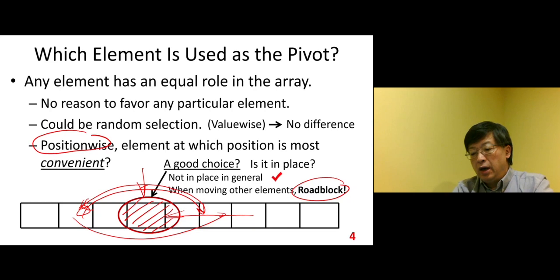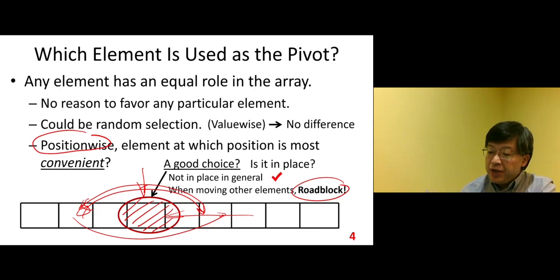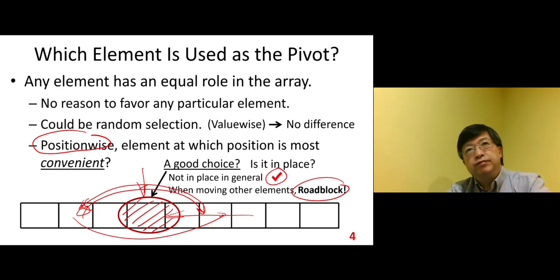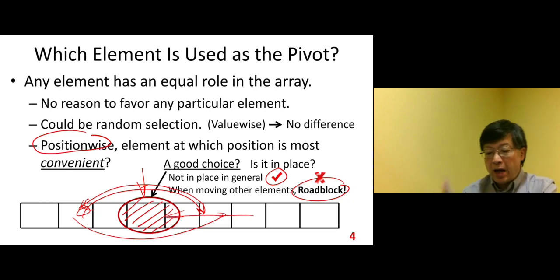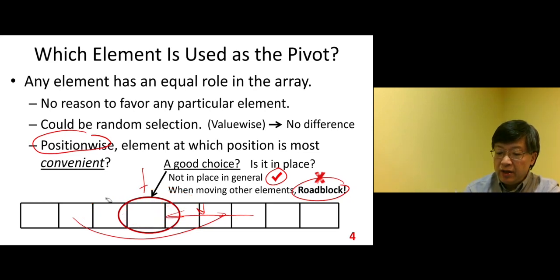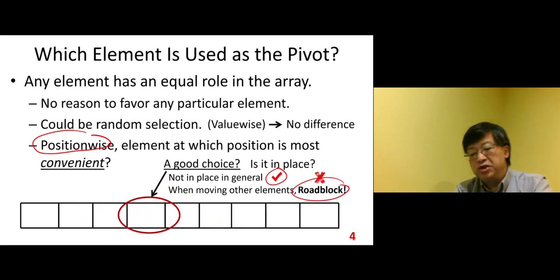Okay? All right. So if the element is not in place, it is okay. So we can take it. But if it is a roadblock, so we don't like it. So now let's try to look at if there are other positions that can give us some convenience.